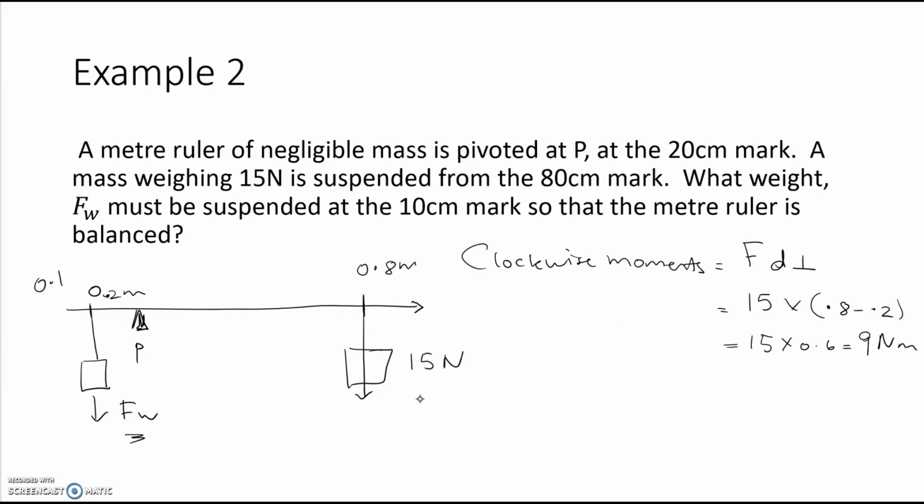Now, going to the anti-clockwise moments, this time we don't know the force, so we're just going to call it FW, but we do know the distance. This time it's 0.2 minus 0.1.